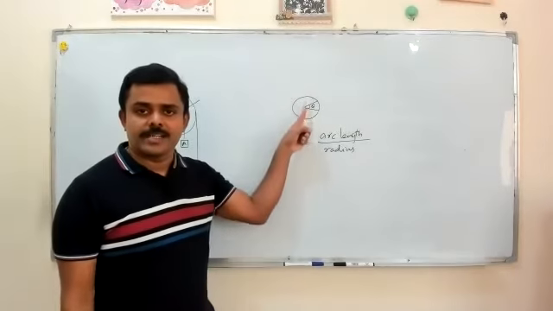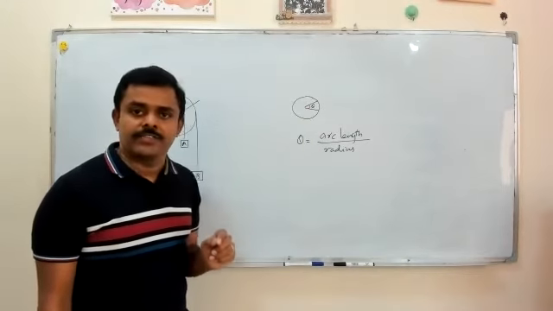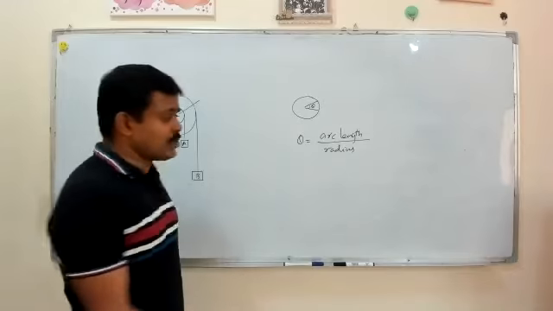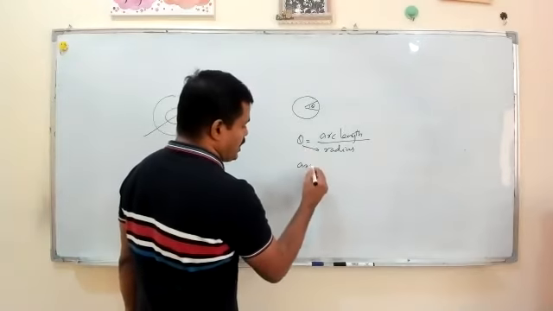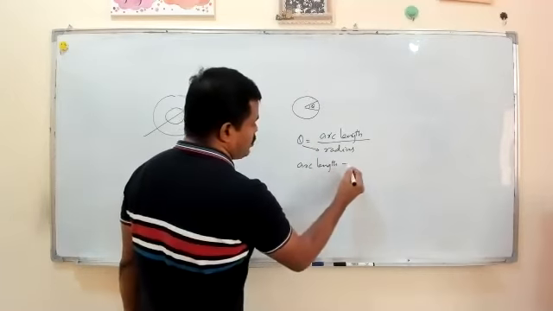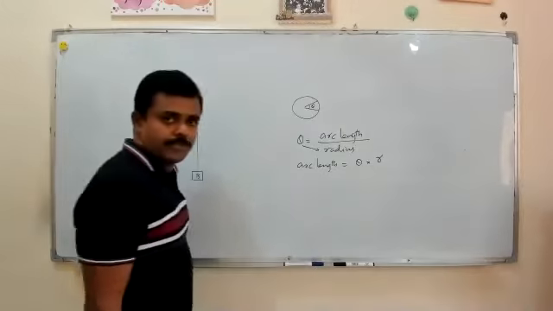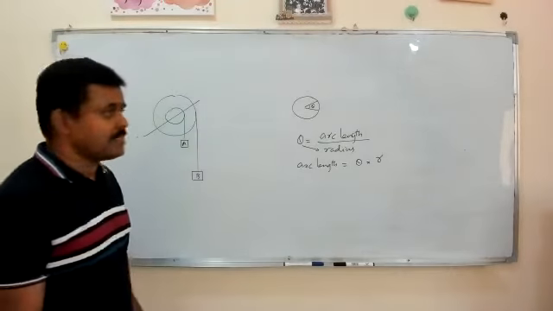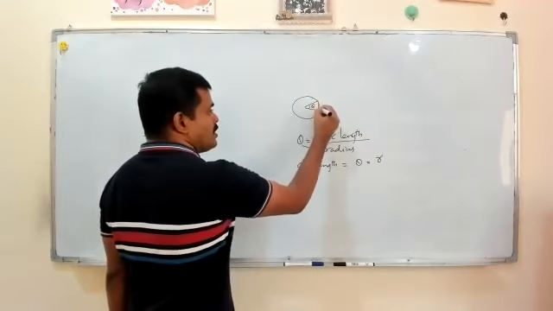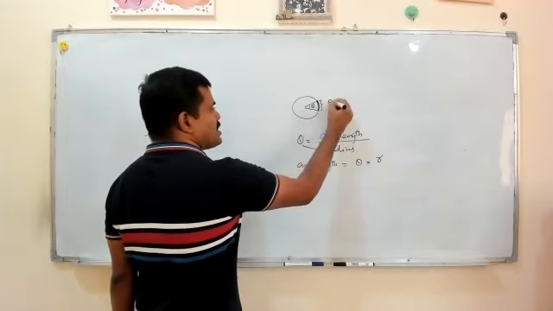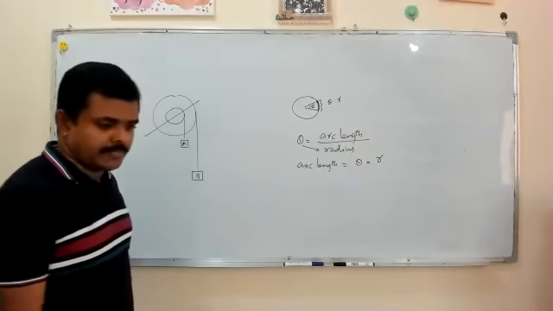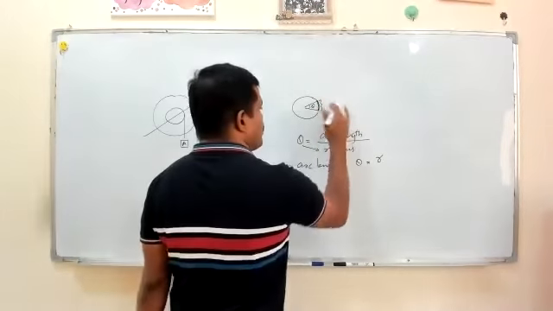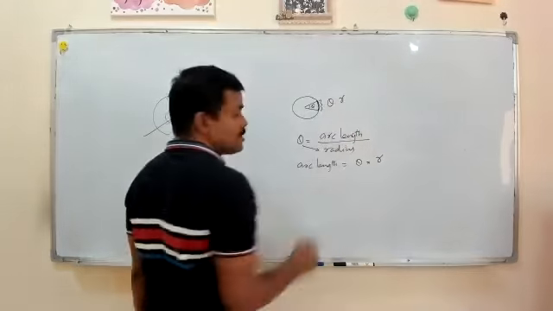So if I cross multiply, arc length is equal to theta into radius. So this distance is theta times radius. I'll write it bigger now. Theta times radius.